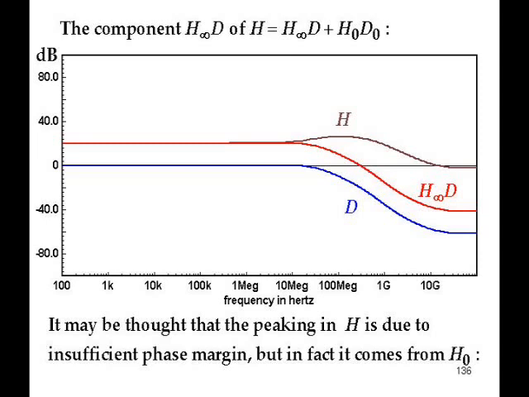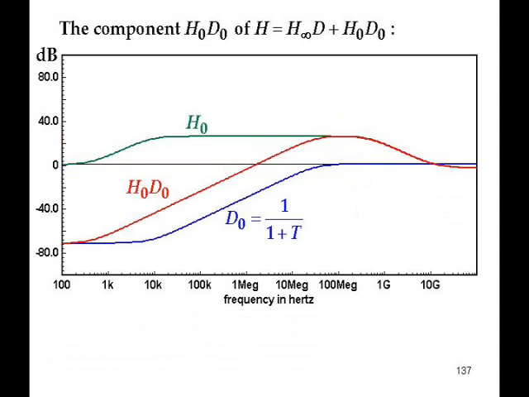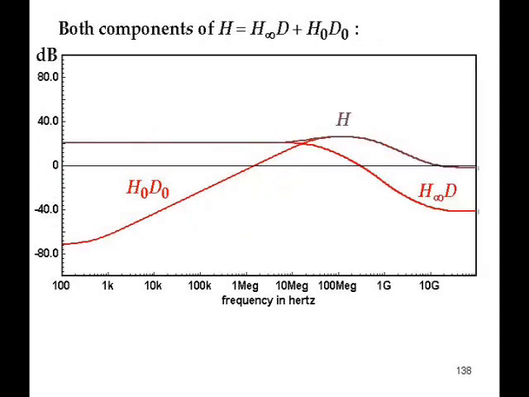So it's the other term. Here's the H0 representation. The H0 is not 0. H0 times D0 has the peak in it. So when you add that to the H infinity D, now you see why the H has a peak.